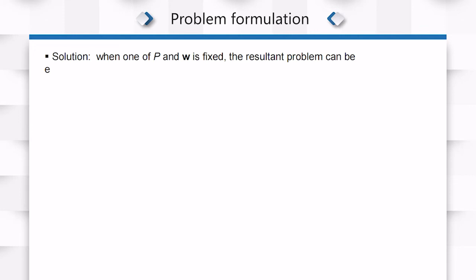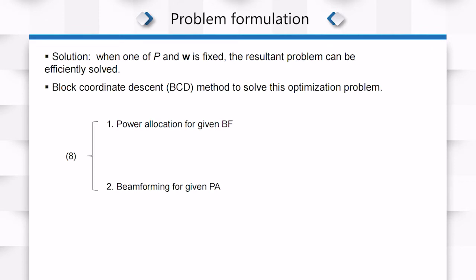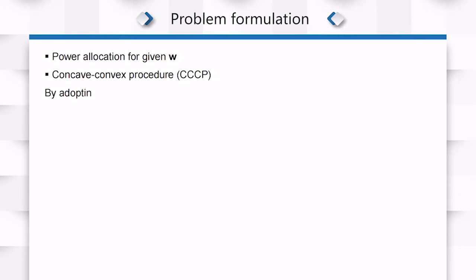Therefore, we adopt the block coordinate descent method to solve this optimization problem. In particular, we decompose problem 8 into a power allocation problem and a beamforming design problem, and then solve the power allocation problem for given ω and the beamforming design problem for given P.